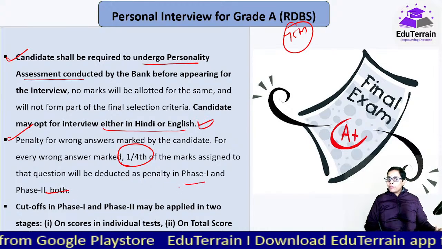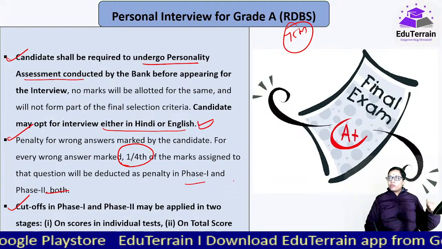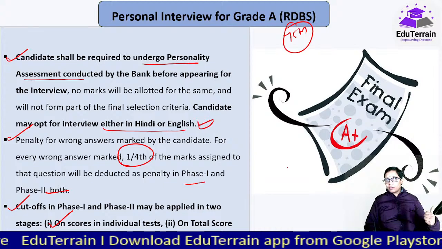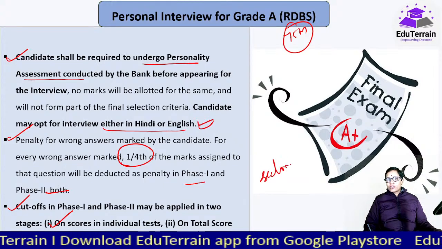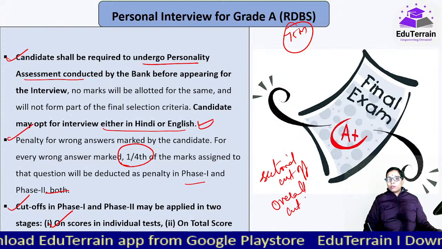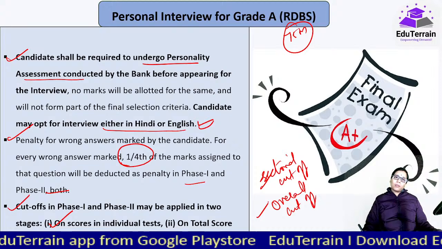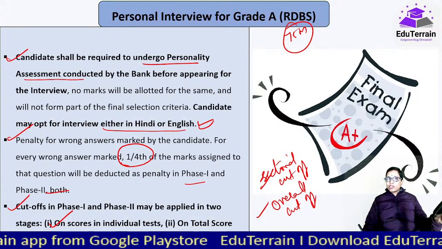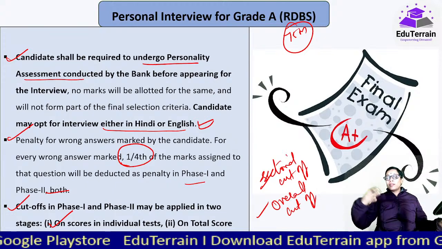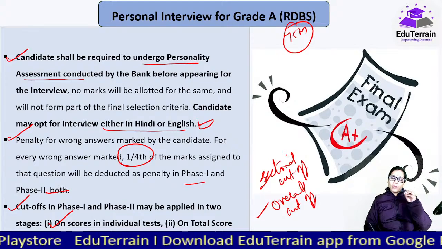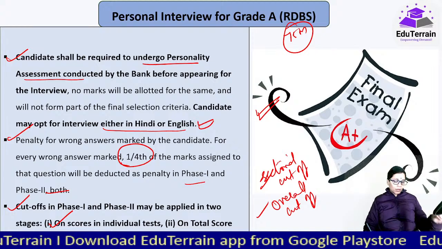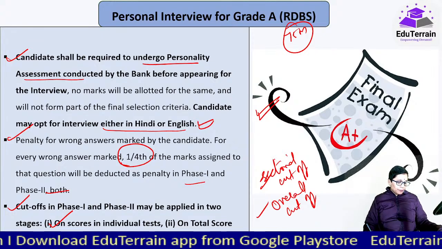And cutoffs are applicable for phase 1 and phase 2 on the scores of individual tests, that is the sectional cutoff, and the overall cutoff. Both the cutoffs are applied. Many times it happens that a student's one section cutoff is not cleared, but the marks if they total are more than the overall cutoff. So please be very, very careful when you are preparing for this examination. Prepare thoroughly.